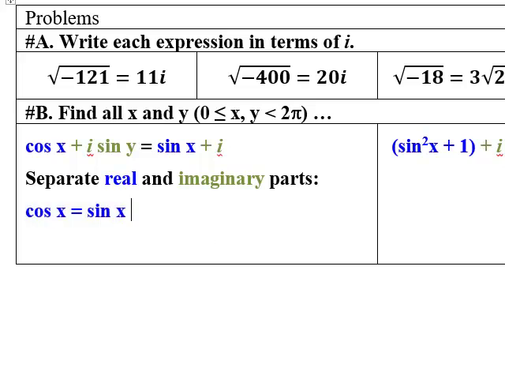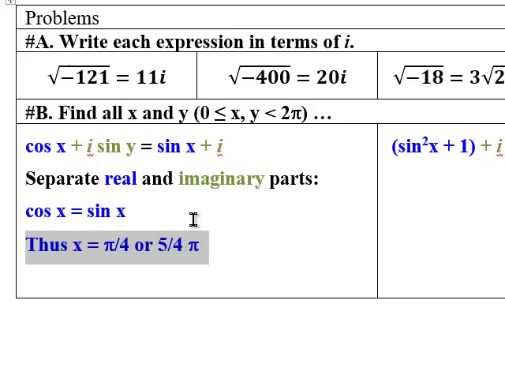And then that only works for 45 degrees. That's when the two are equal to each other. So it's going to be at pi over 4, which is in the first quadrant, and it also happens at 225 degrees, which is in the third quadrant, so the other one is 5/4 times pi.